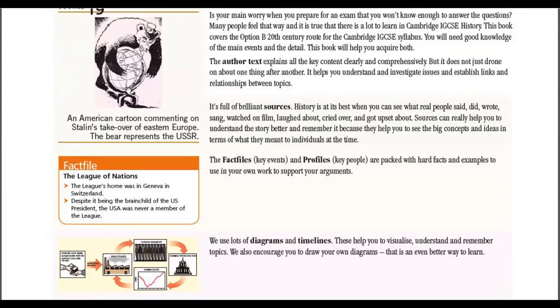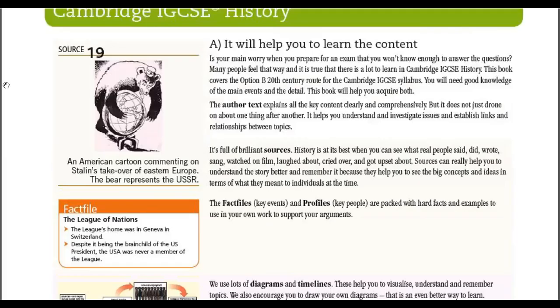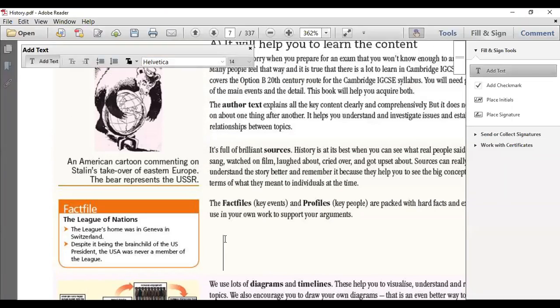Also the fact files, key events, and the profiles. Also we use a lot of diagrams and timelines. Why do they use timelines and diagrams? To show us what happened.